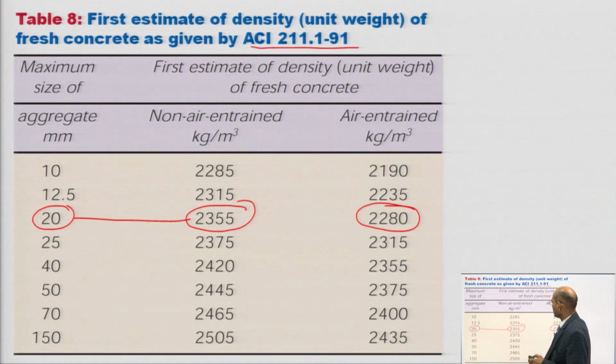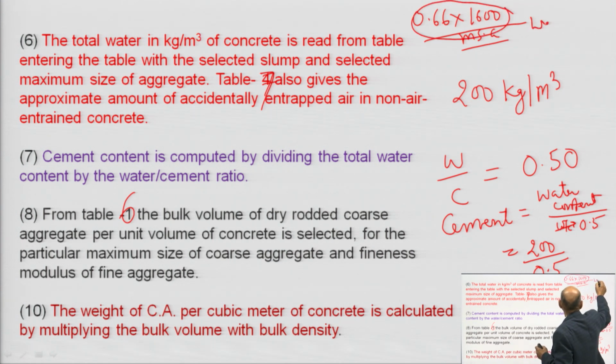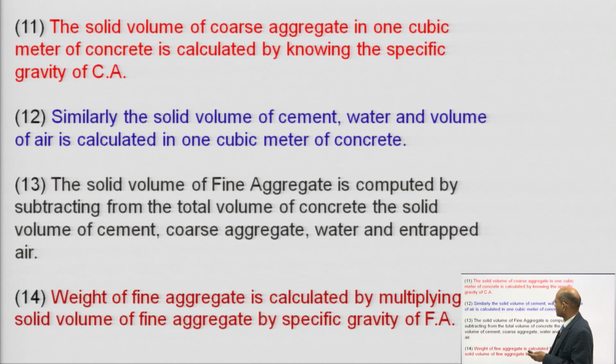So, here we have to calculate with the 1600 value. Once you know this value, you just multiply, and you can get the weight of coarse aggregate. Very simple.